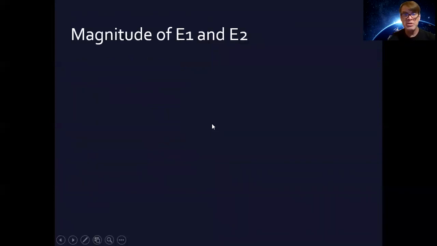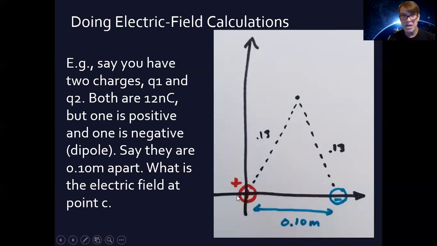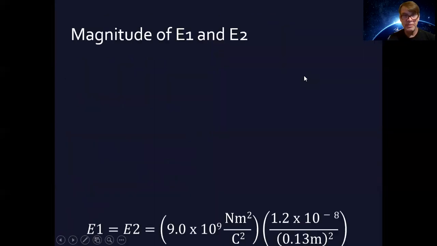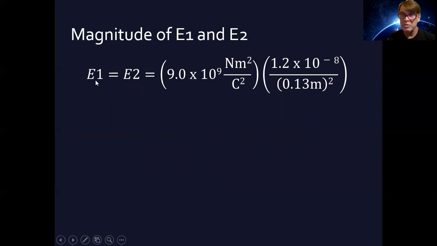So what is the magnitude? The magnitude is going to be the same because it's 12 nanocoulombs in terms of the magnitude right here. But what is the magnitude going to be going from this to that particular point? Well, we have the formula, right? We know that the magnitude is going to be the same.